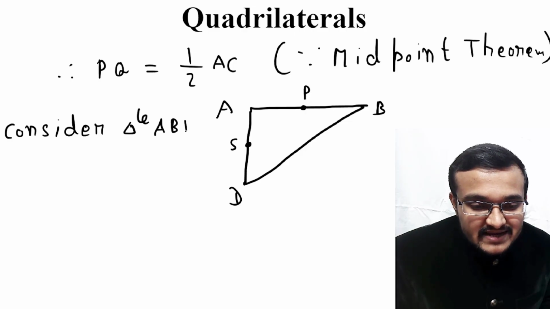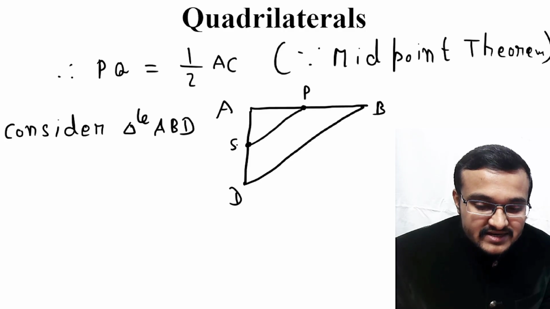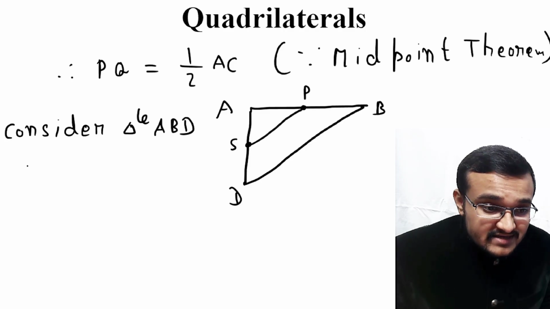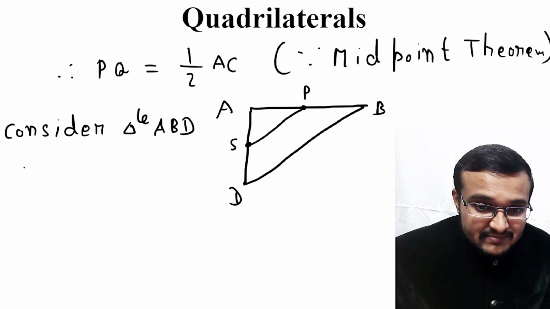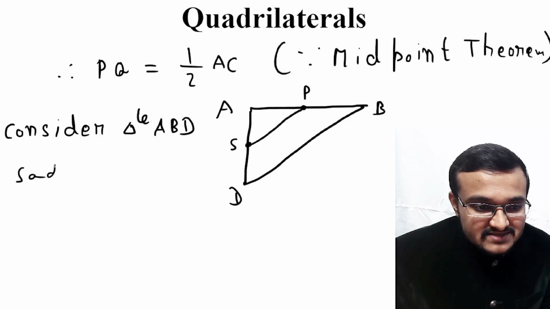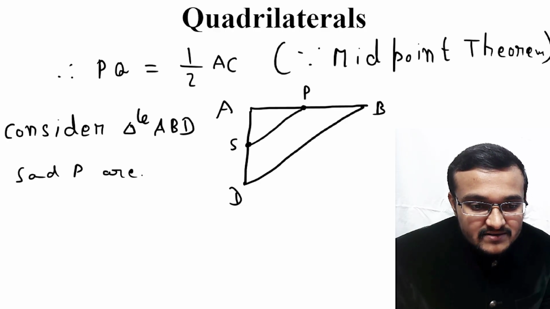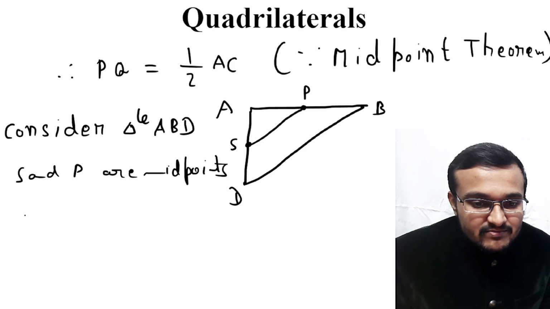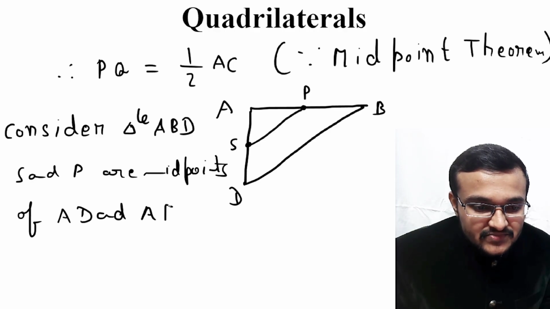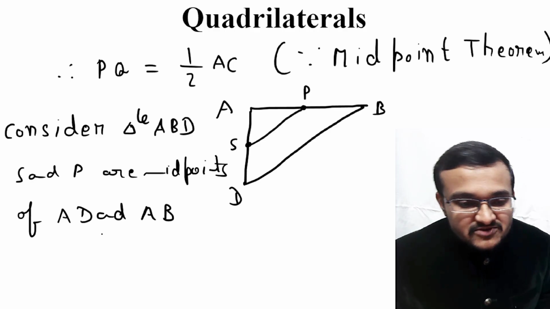So consider triangle ABD, and here SP is connected. In triangle ABD, S and P are the midpoints of AD and AB.